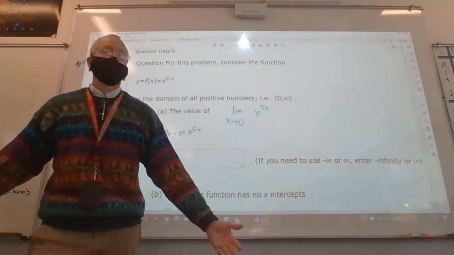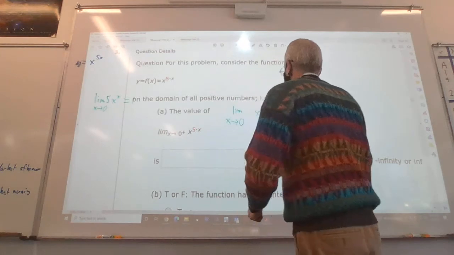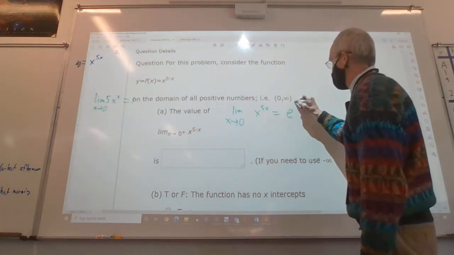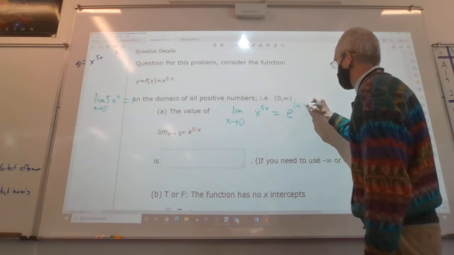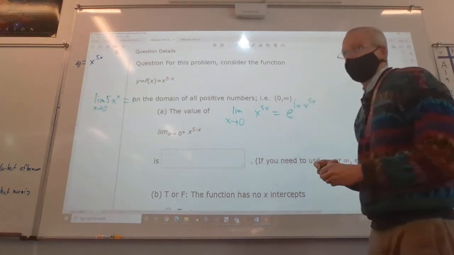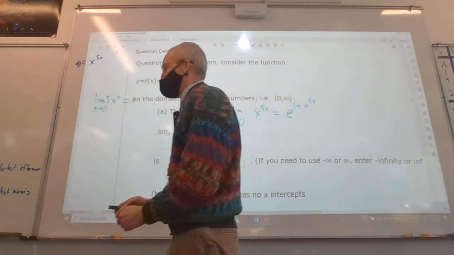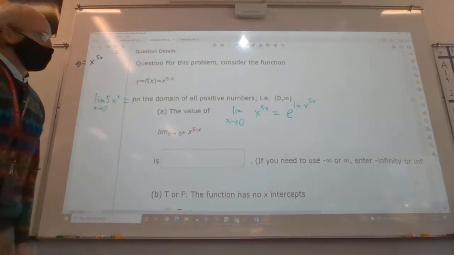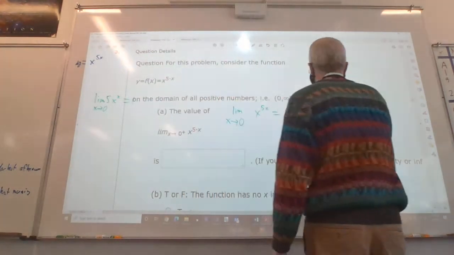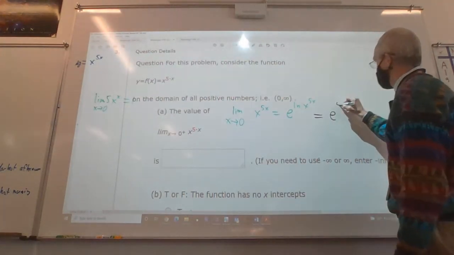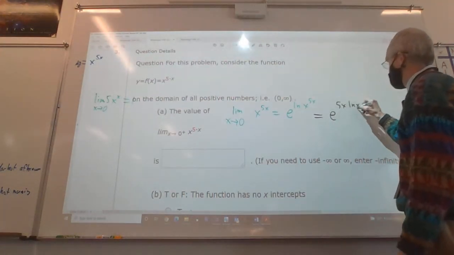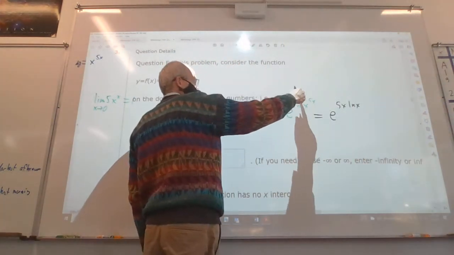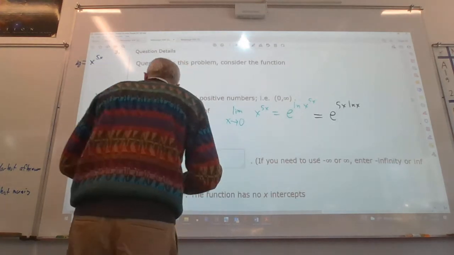So you do what you do. That's the same thing as e to the ln of x to the 5x. That's the logarithmic trick. The e to the ln cancel, so it's the same thing. Now we can rewrite that as e to the 5x ln of x, because log takes exponents in front. That's why we do it.